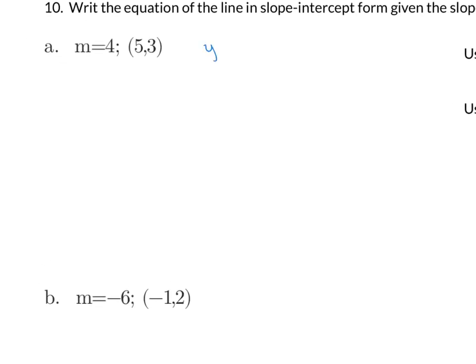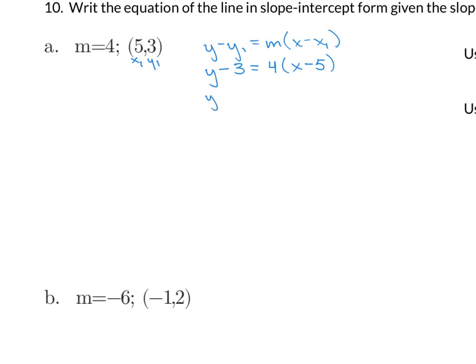I'm going to write out my formula again. I'm going to label my coordinates. This is going to be my x1, y1. And when we plug in, we get y minus my y-coordinate, which is 3, equals 4 times x minus my x-coordinate, which is 5. Okay, so we go ahead and now we want to rewrite in slope-intercept form.